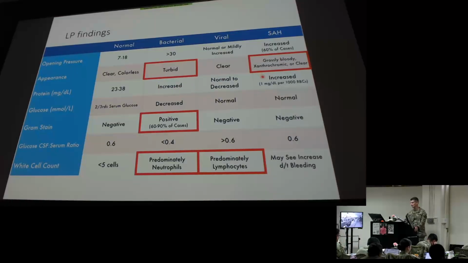With subarachnoid hemorrhage, I have blood in there, so that's causing an increased amount of protein as well. And lastly, I can get a white cell count. Neutrophils, what are those associated with? Bacterial infection. If I see lymphocytes, what's that associated with? Viral. You get it right every single time. It'll be okay. They'll give you those clues. Don't worry about interpreting LP findings. Just know that those are some of the findings and results we get, because we'll talk about, hey, this condition has this. This is always positive.